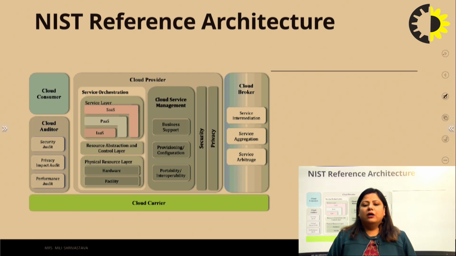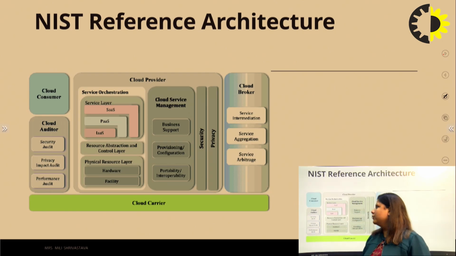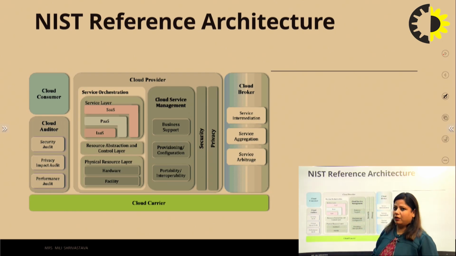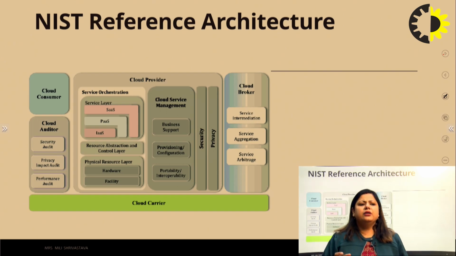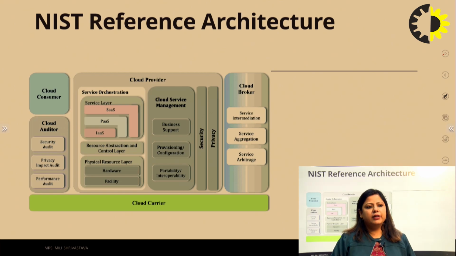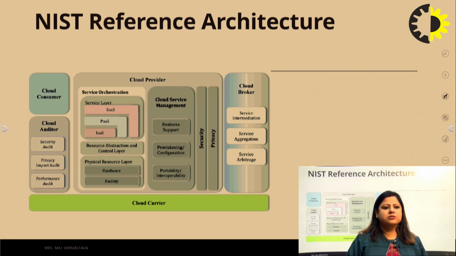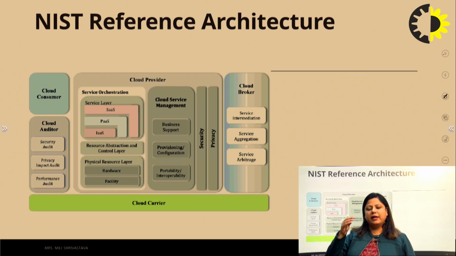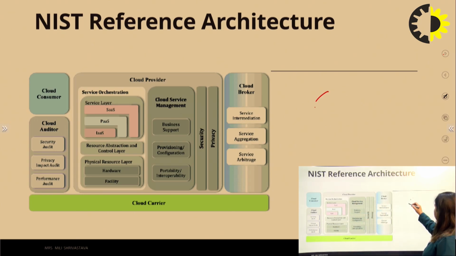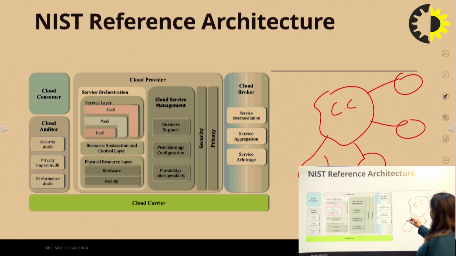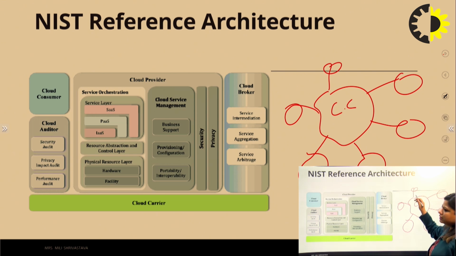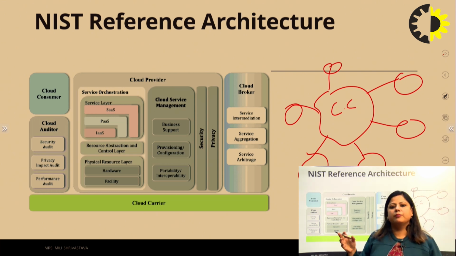So, first is the cloud consumer. Who is the cloud consumer? Basically, the cloud consumer is the entity that uses cloud services, and the consumer interacts with the cloud providers based on service level agreements. Suppose there is a cloud service, which is accessed only by those who can take the agreement of this particular type of cloud.